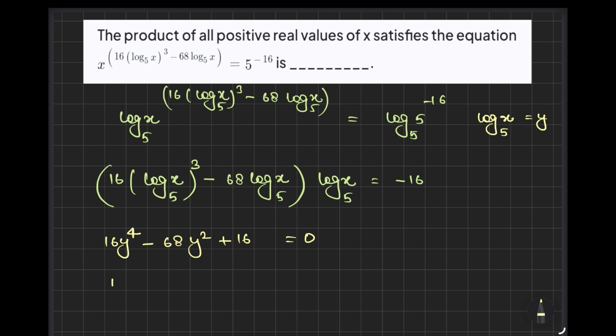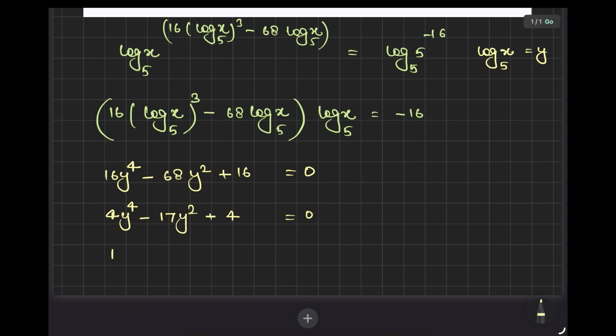So it will become 4y power 4 minus 17 y square plus 4 equals 0. Now 4y power 4 minus 16 y square minus y square plus 4. I will take 4y square common from here and minus 1 from there.